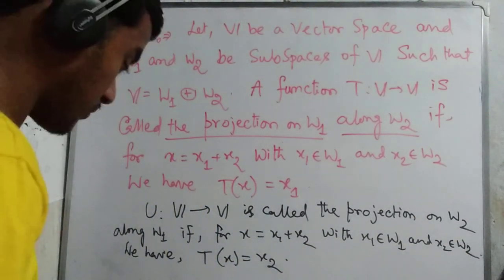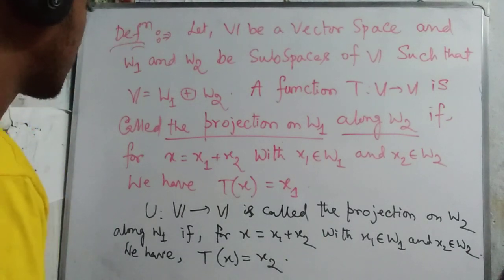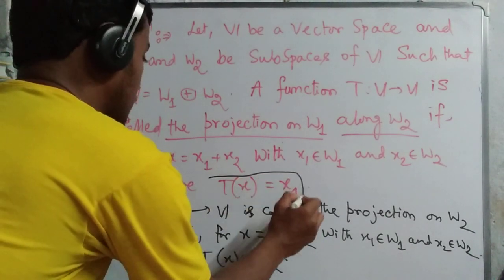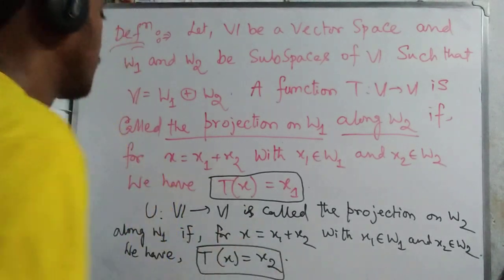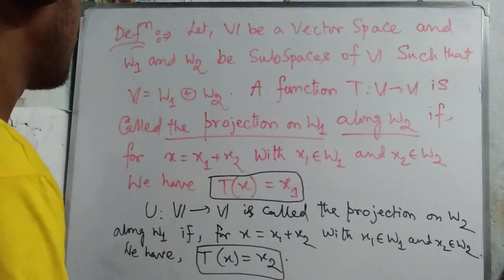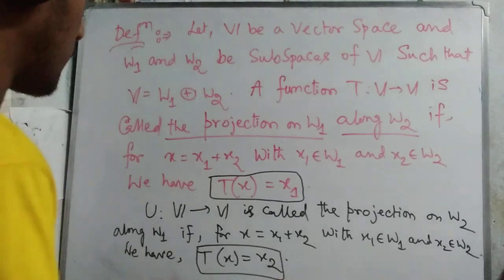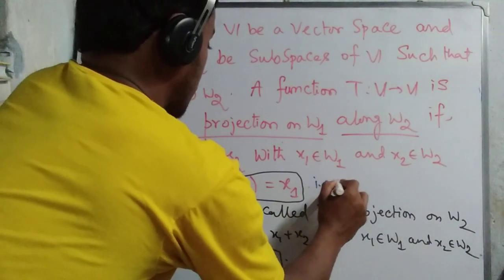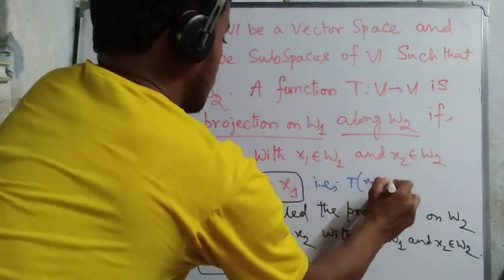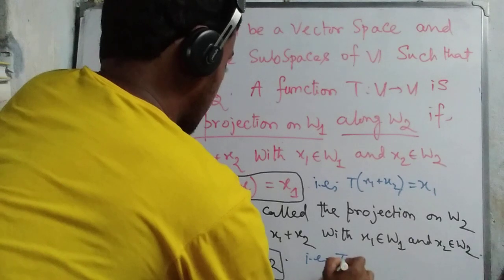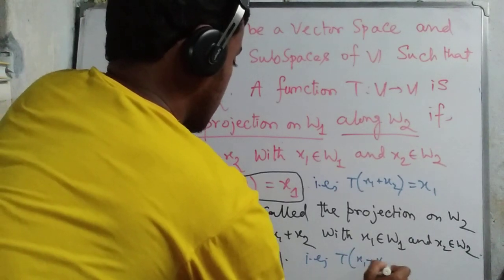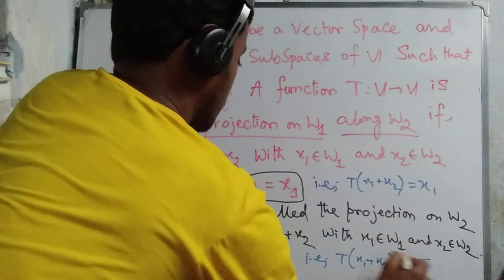Understood? So in this way we write T of x1 plus x2 equal to x1, and here in this way we write U of x1 plus x2 equal to x2.